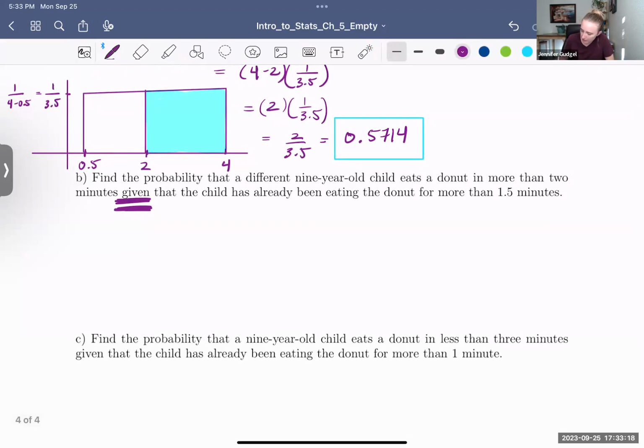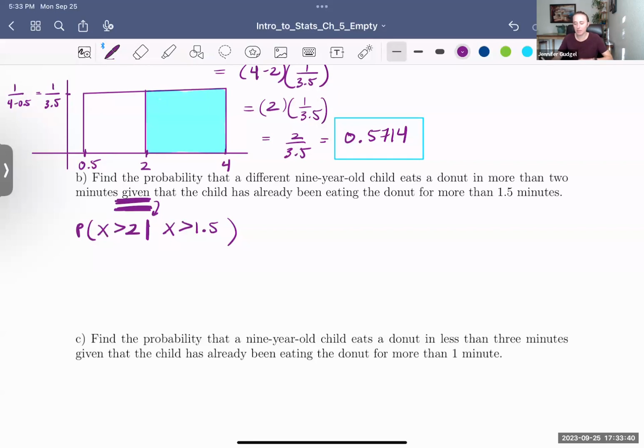So let me write this mathematically real quick. The probability of a child eating a donut in more than 2 minutes, so X being greater than 2, given, remember our vertical line for given, that the child has already been eating the donut for more than 1.5 minutes.